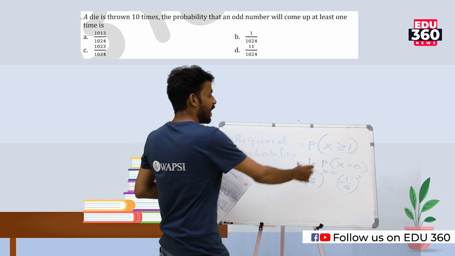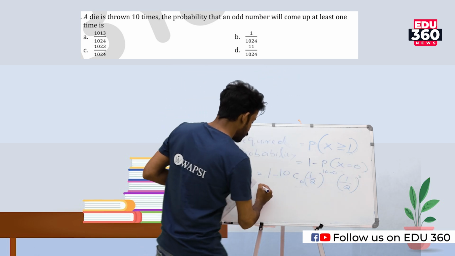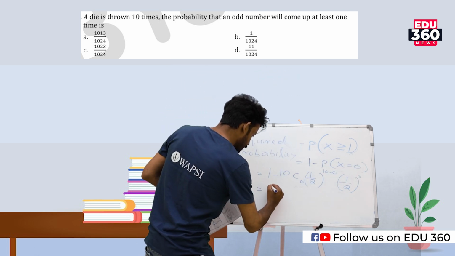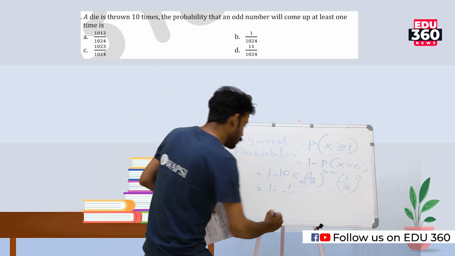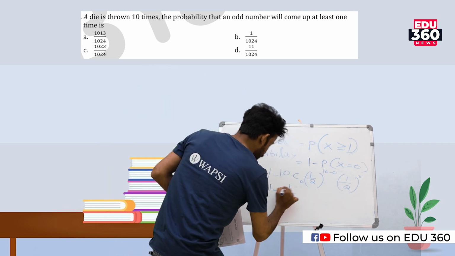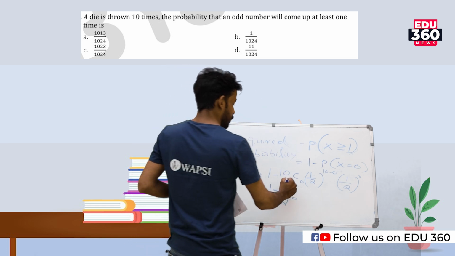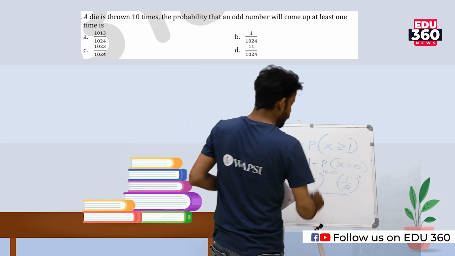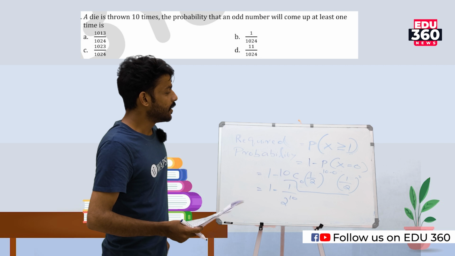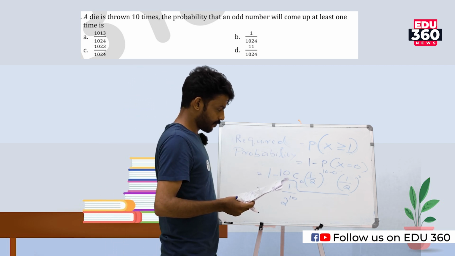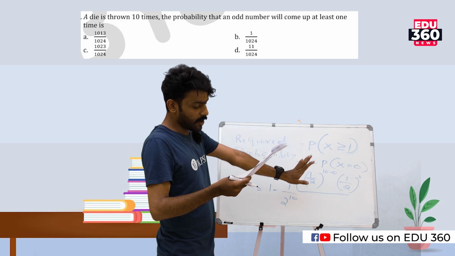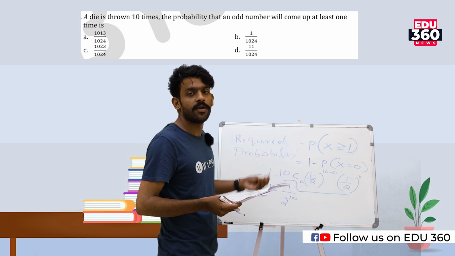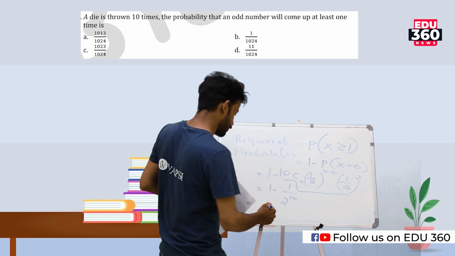So in the next step we can write 1 minus 1 by 2 raised to 10. This is by using the binomial distribution formula.